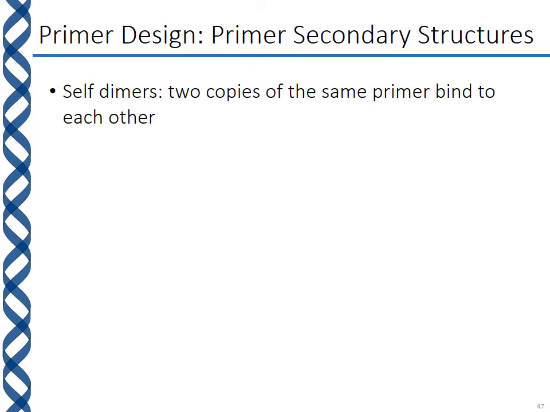A similar situation occurs when we have self-dimers. This is where 2 copies of the same primer bind to each other rather than a single molecule bending in on itself.